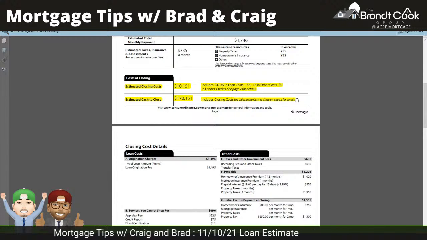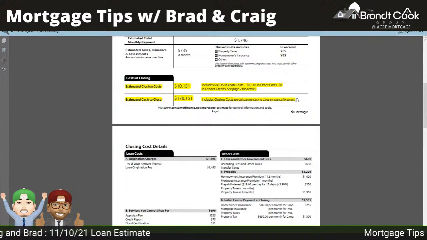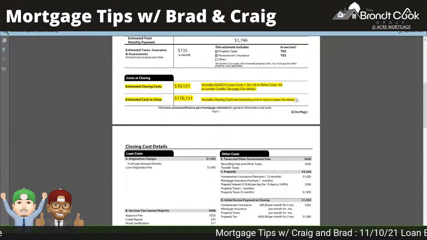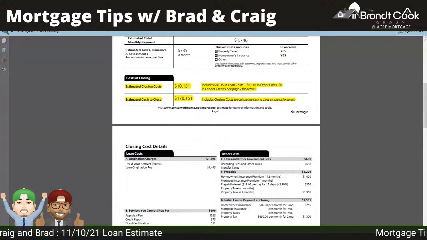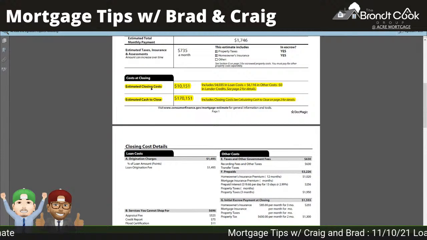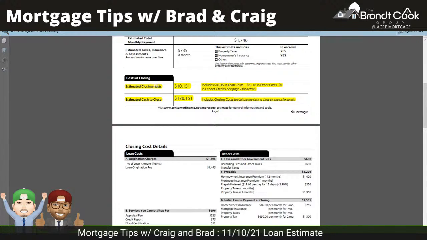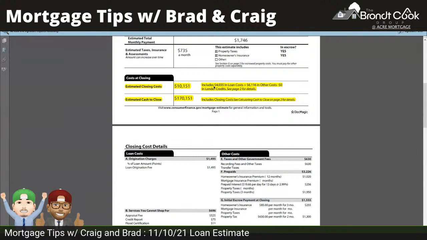And so just so you know, that's a quick way of understanding how much costs are involved in the loan. And that includes the three main parts of settlement fees, which we'll go over in the next page: lender related fees, title related fees, and prepaid items, which are the establishment of an escrow account, prepayment of insurance, prepayment of property taxes, and interest.